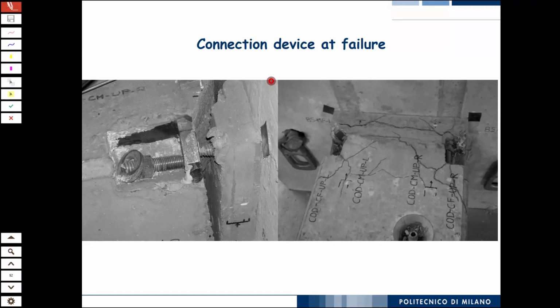But before, this is the mortar bed joint that you had, which is cracked. But before, you also were able to have some cracking, which means some kind of dissipation and some transfer of the action from the foundation to the column.